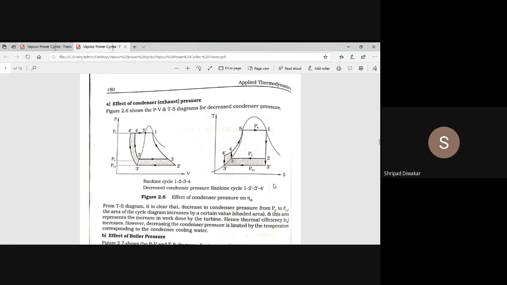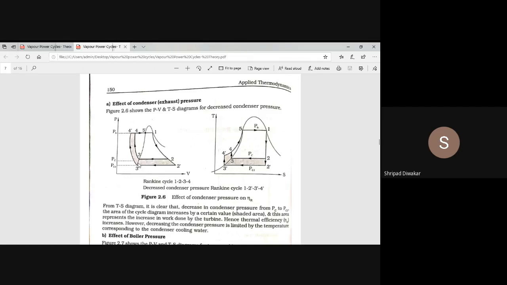Very simple. For the explanation part, you see the TS diagram. When you decrease the condenser pressure from PC to PC1, there will be more area available. Whatever the area under the PV diagram gives the work done.